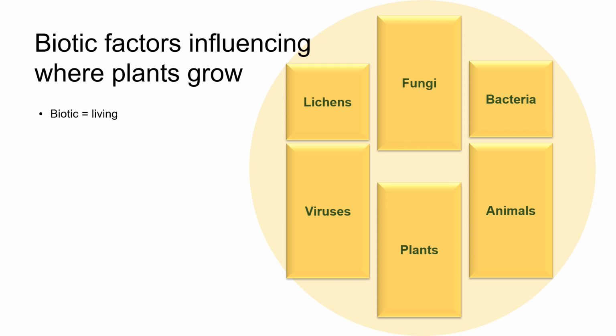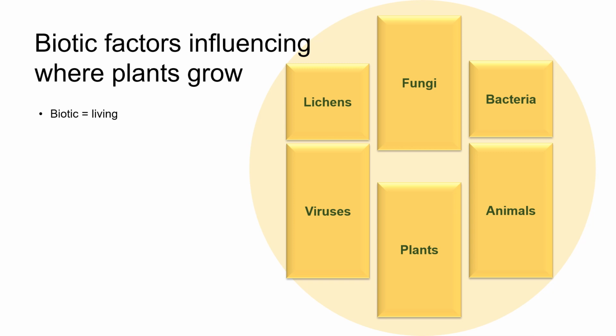Biotic means living, and the biotic factors that influence where and how plants grow are the myriad interactions between all living organisms. The result of biotic interactions is sometimes relatively simple and very visible to us humans. For example, the effect on plant growth resulting from grazing by animals such as deer and rabbits.